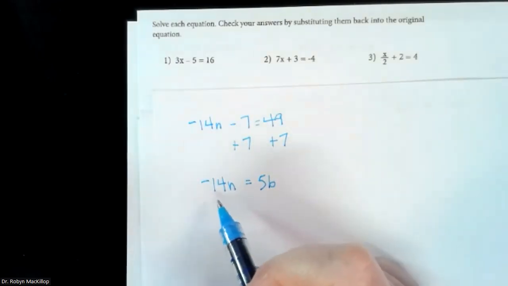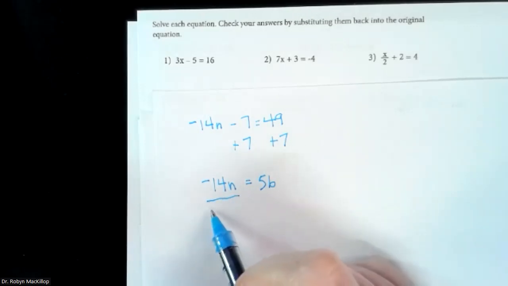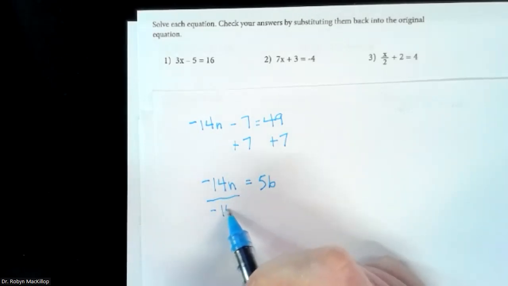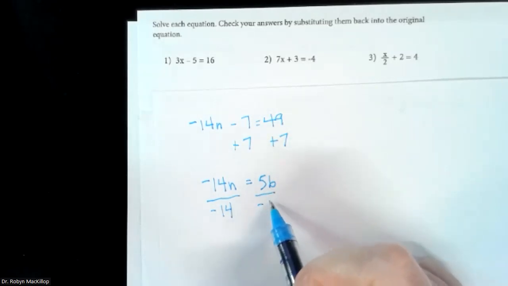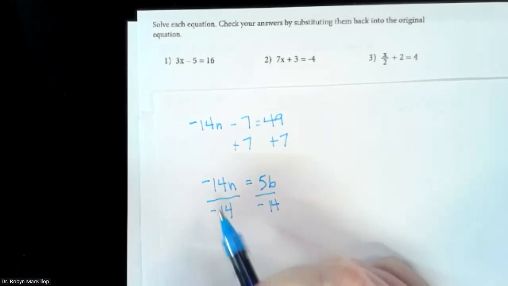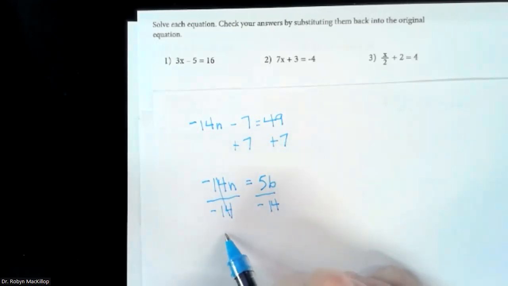Now, you want to separate that -14 from the n. We're going to divide it out. And we're going to do the exact same thing over here. So -14n divided by -14 is just n.